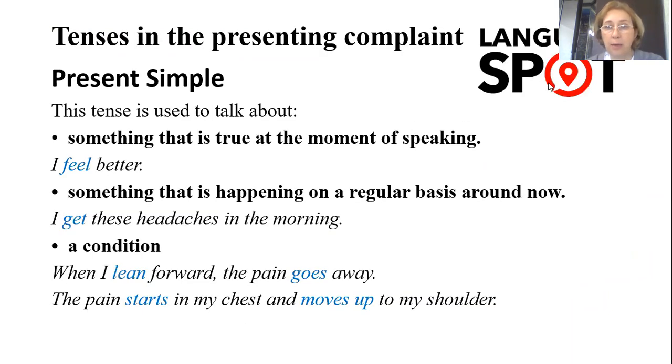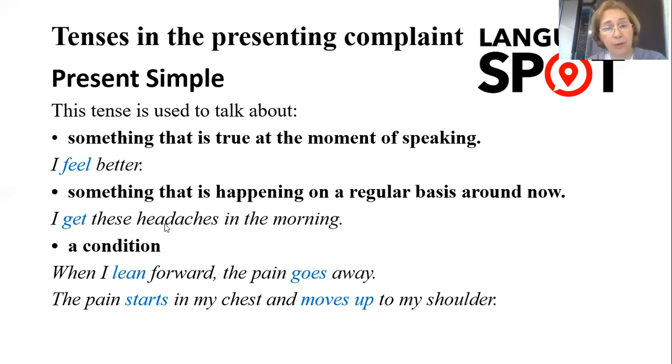I would like to summarize the information about the present simple. Here the information is given, and this tense is used to talk about something that is true at the moment of speaking. For example, I feel better. This is the condition that a patient describes. Then something that is happening on a regular basis around now, like in the example, I get these headaches in the morning.